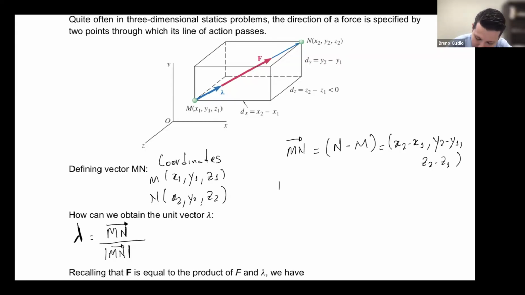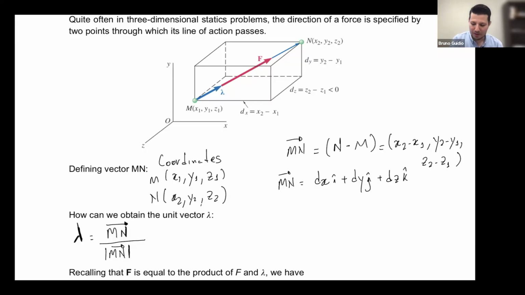At the end, we can simplify saying this is dx i hat, dy j hat, dz k hat. So the difference between x2, x1, we call dx. Difference between y2, y1, dy. Difference between z2, z1, dz. So far, so good? Okay, all good? Any questions?